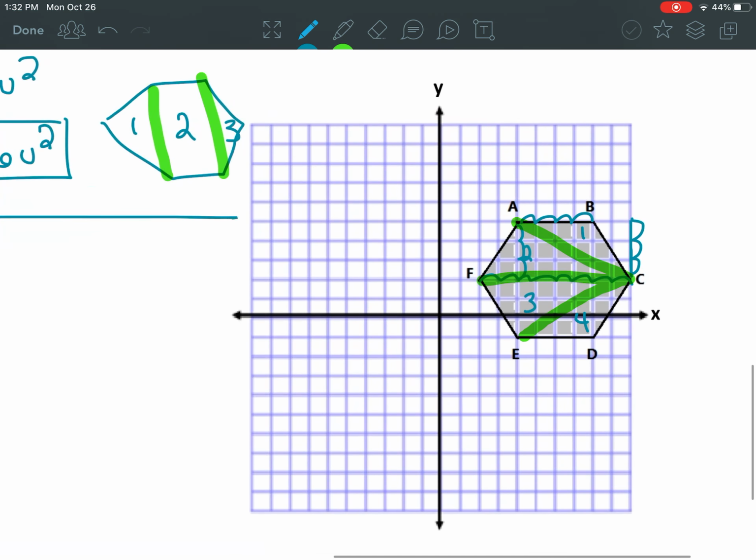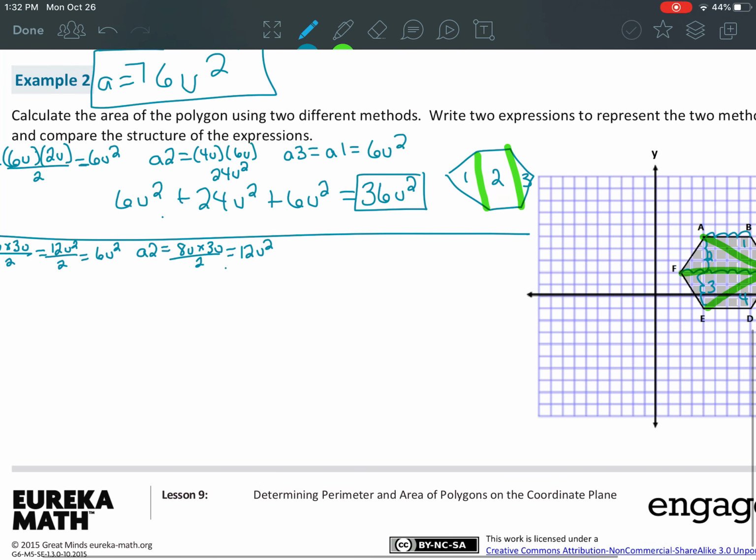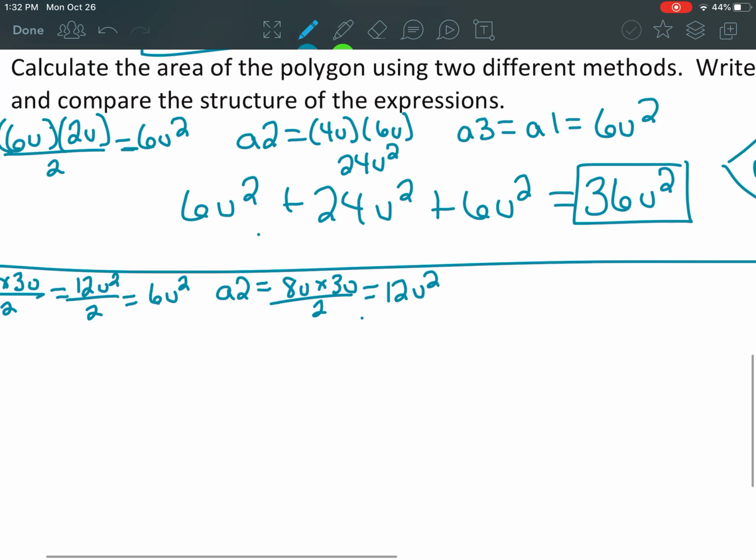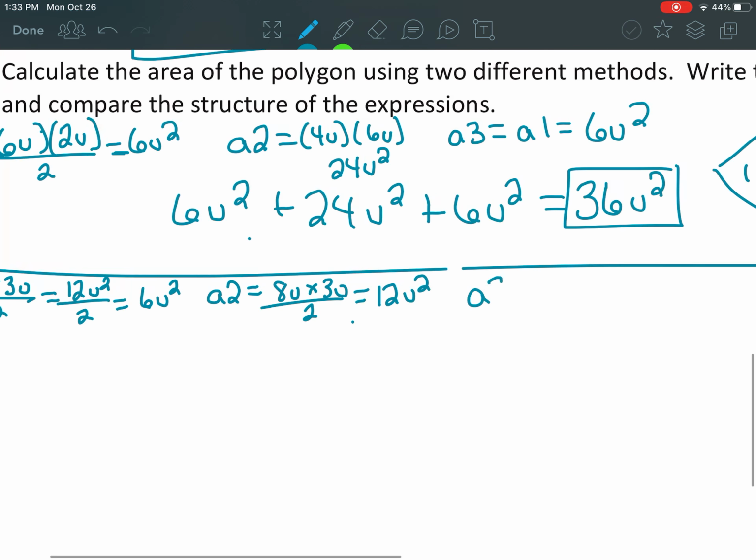The area of 3 also has a base of 8 and a height of 1, 2, 3. So that would be the same as area of 2. So I'm going to say, oops, I don't want to do that. I want to do area 3 equals area 2, which is 12 units squared.